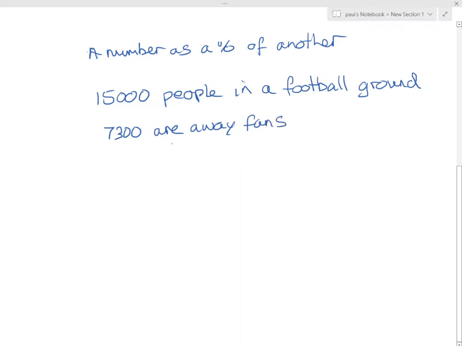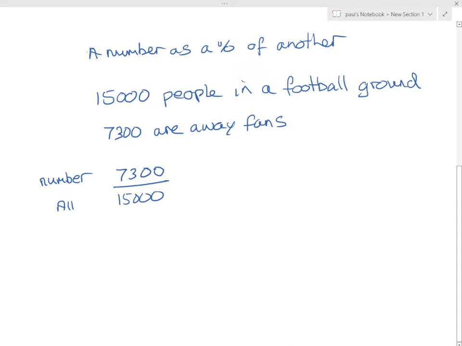So what percentage of all the people in the football stadium are away fans, or away supporters? Now, the number you're after is 7,300. The number you're concerned about is the away fans, and it's always out of all of them.